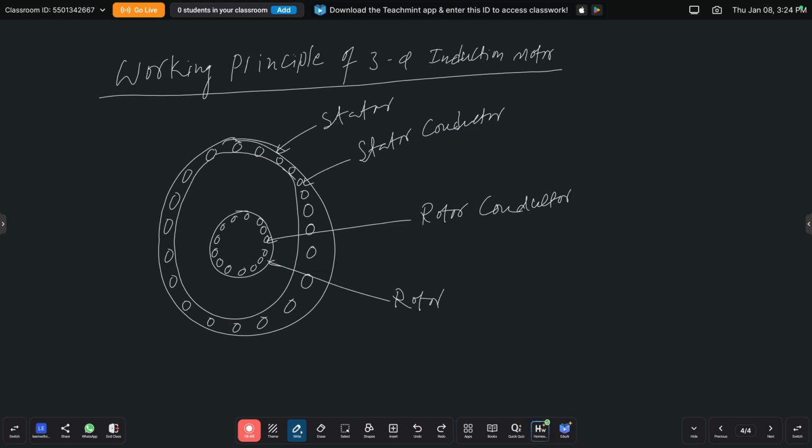Now the outer part is the stator, the inner part is the rotor. The stator has stator conductors. The rotor also has the rotor conductors.